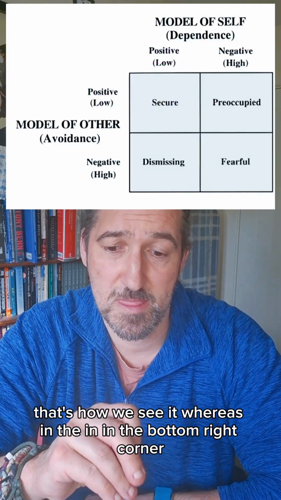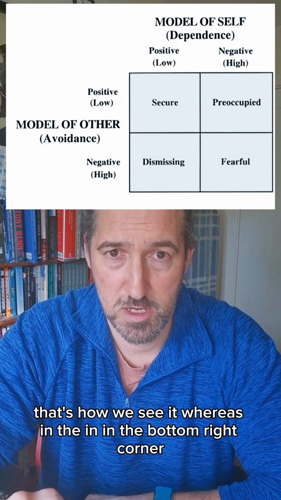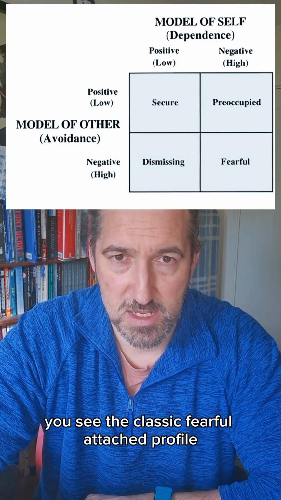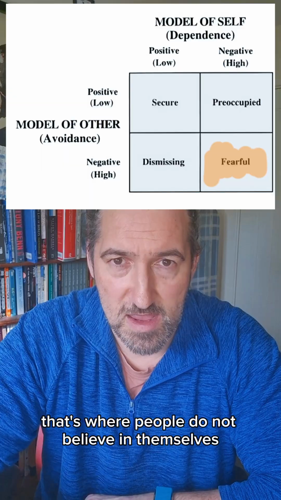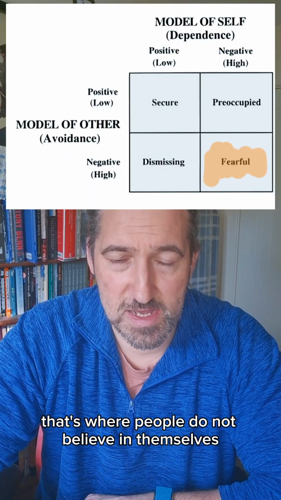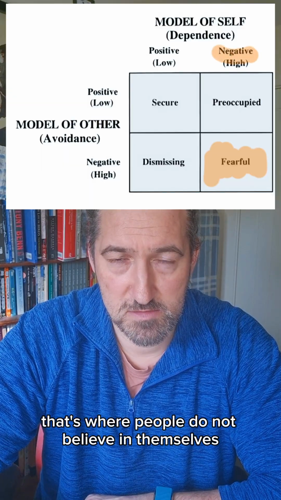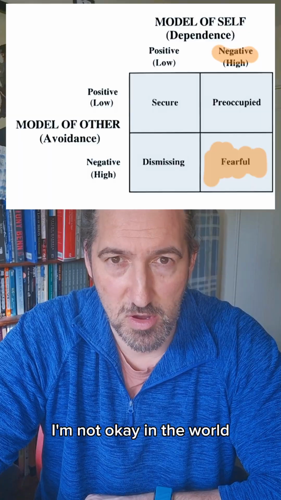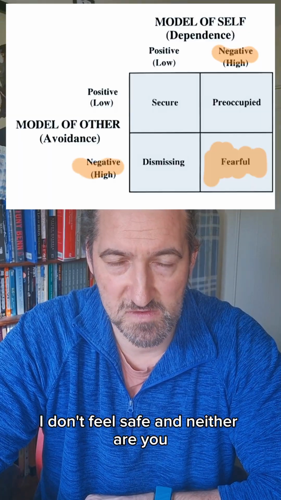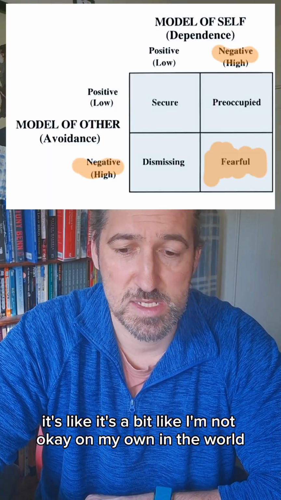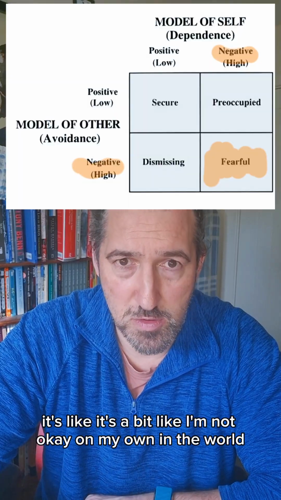Whereas in the bottom right corner, you see the classic fearful attached profile. That's where people do not believe in themselves. I'm not okay in the world. I don't feel safe, and neither are you. It's a bit like, I'm not okay on my own in the world.